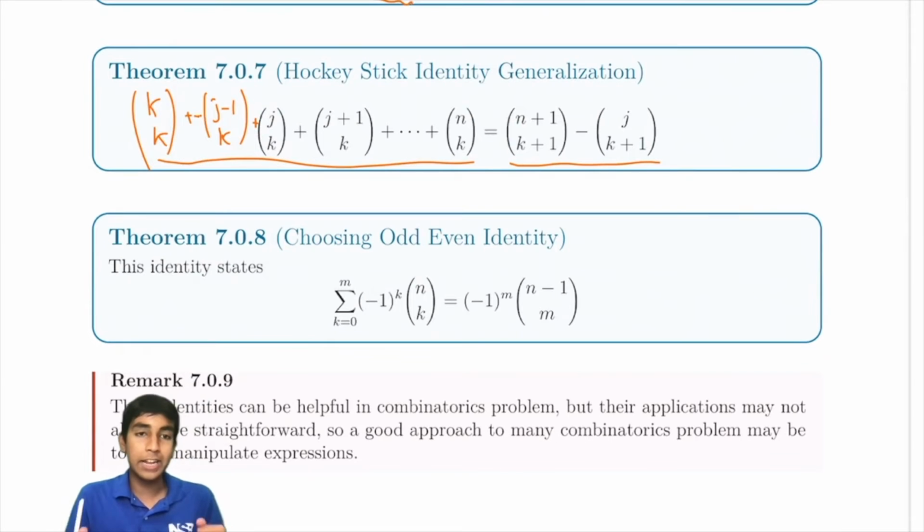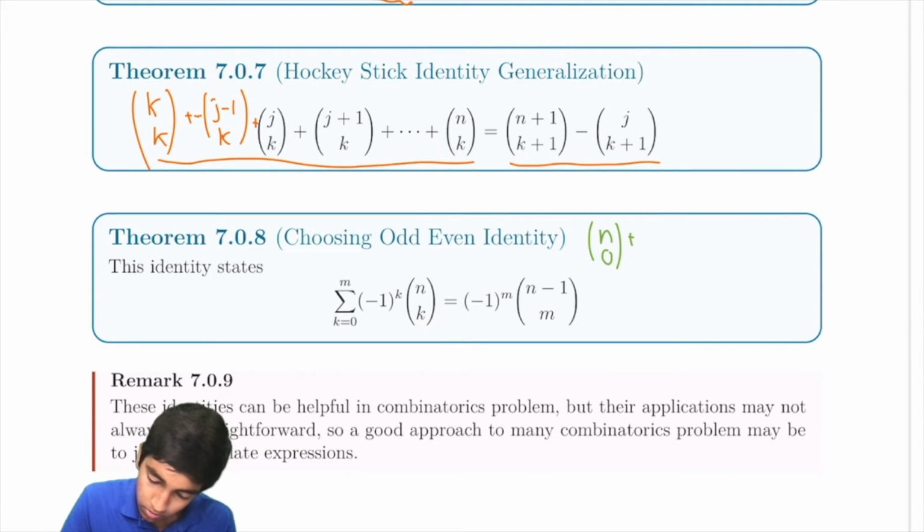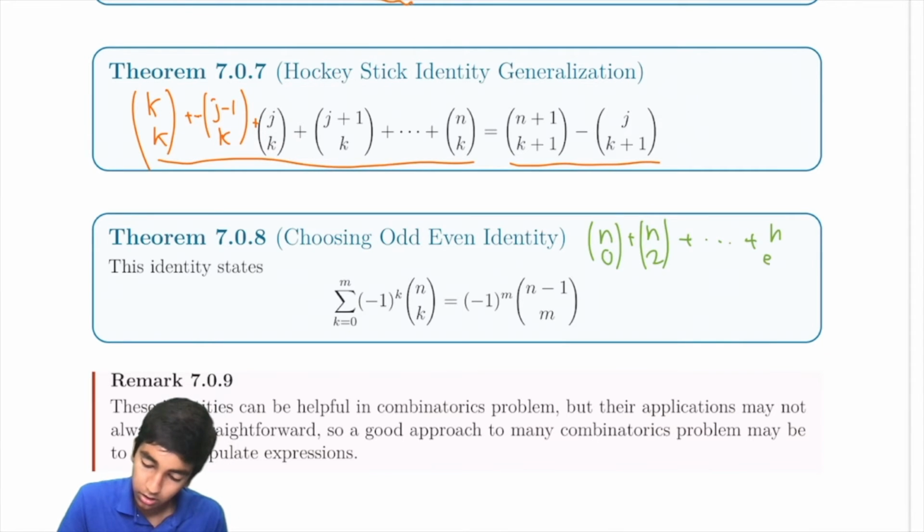Now, choosing odd-even identity. This is crucial. Basically, what it states is that n choose 0 plus n choose 2, and so on, for all evens is equal to n choose 1 plus n choose 3, and so on, for all odds.